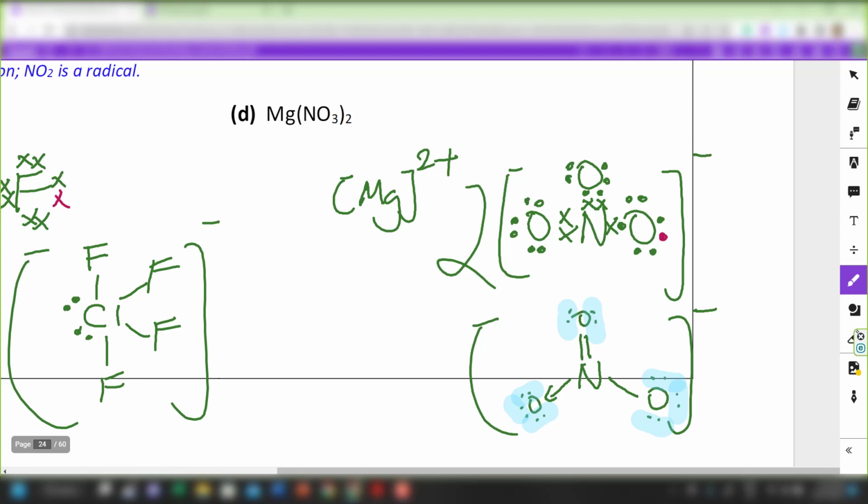Because at the initial stage of learning, we tend to draw our dot-and-cross diagram in a way that does not really help our mind to count electrons around the center. So by drawing in the lone pairs artificially, sometimes it helps.